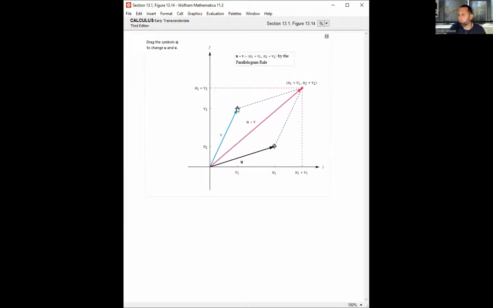What I want to point out is that here we go from a graphical interpretation, same diagram as before, to a geometric interpretation where the x coordinate of the sum, if u is u1, u2 and v is v1, v2, sorry, did I do that right?